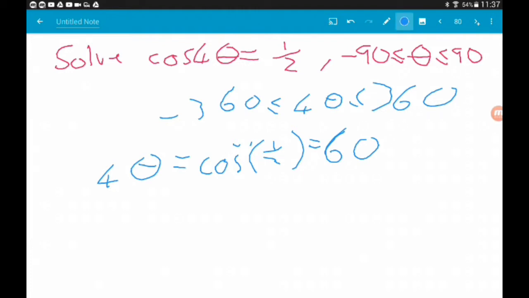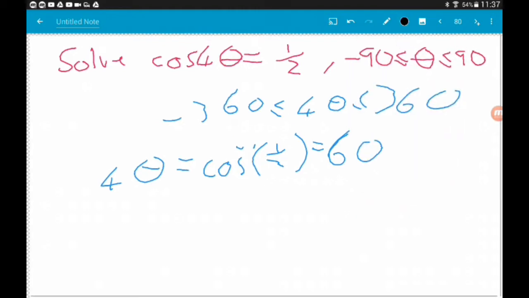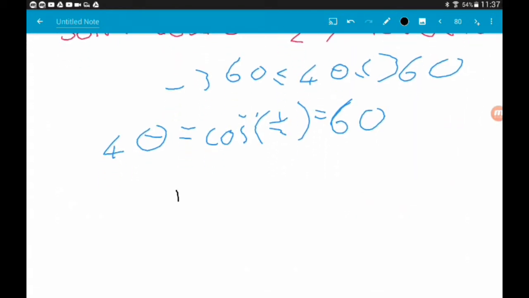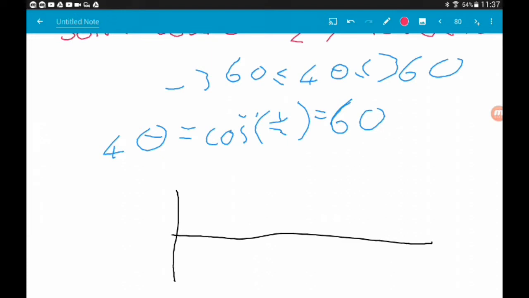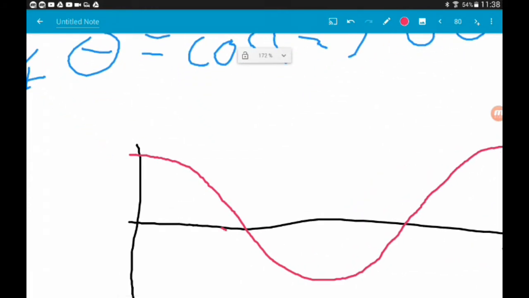So if we now sketch the graph between 0 and 360, cos looks like that, where that's 360 degrees, this guy is 90, this guy is 270.